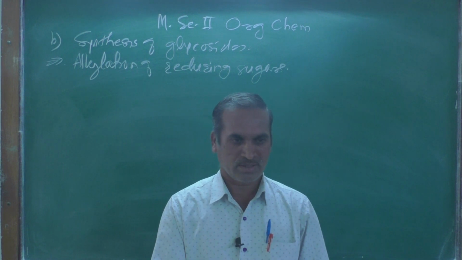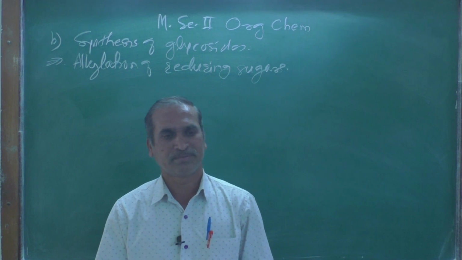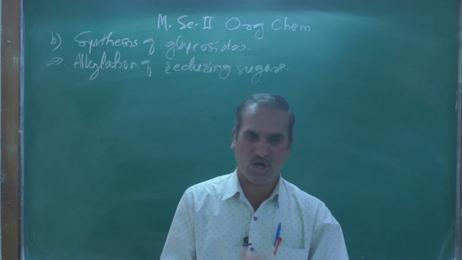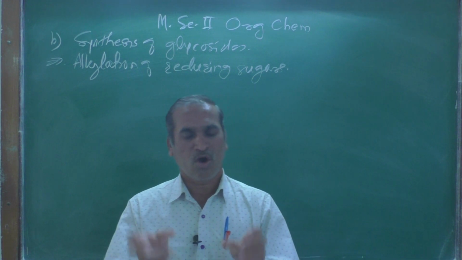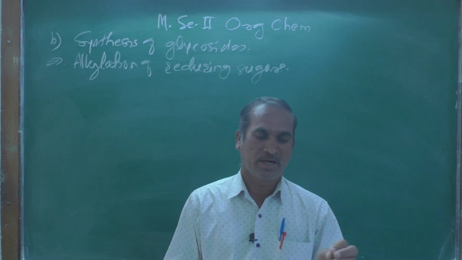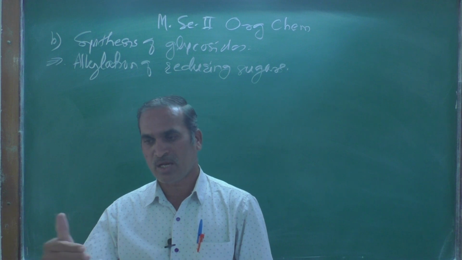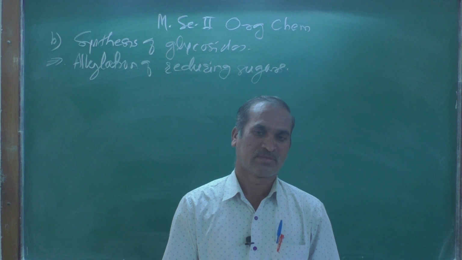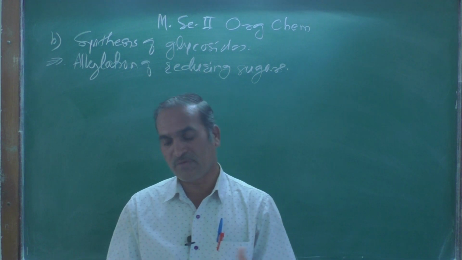Or, the other way round, we can define carbohydrates as polyhydroxy, optically active compounds containing an aldehyde formyl group or a ketonic group. Those are the various definitions.